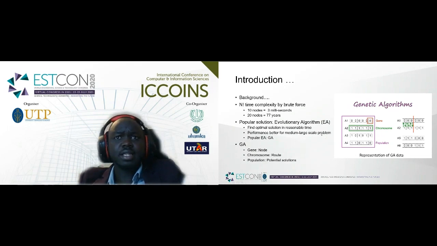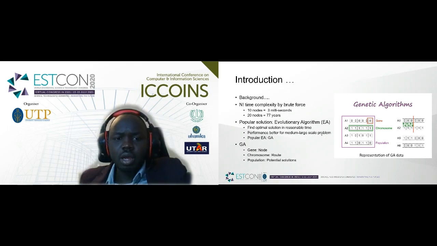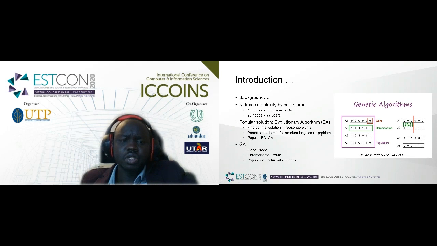Basically, we have a population, and the theory is that if we intermarry the strongest individuals in a population, then in the next generation we get even better, stronger individuals. In terms of our problem, if we have a population of possible solutions and we take the solutions that are more fit and interbreed them, we will get even fitter solutions in the next generation. This is the basis of the algorithms.